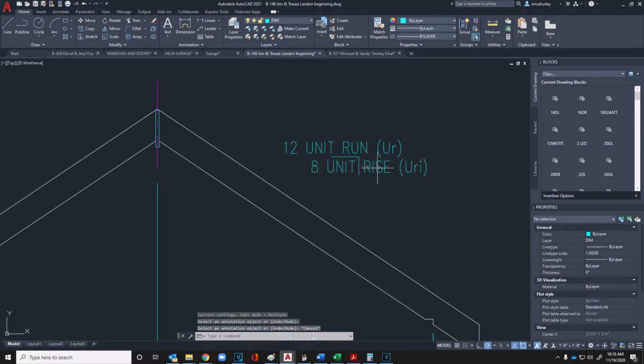Now we can establish that. Now this through here is called the unit diagonal. So let me go ahead and put that in there. Unit diagonal, which we're going to call UD.